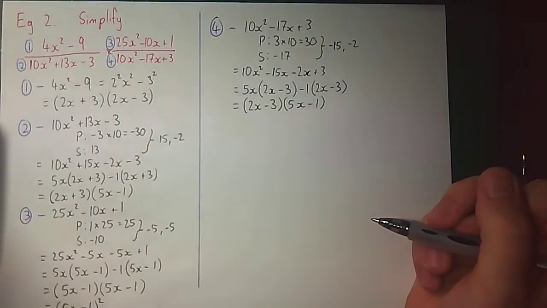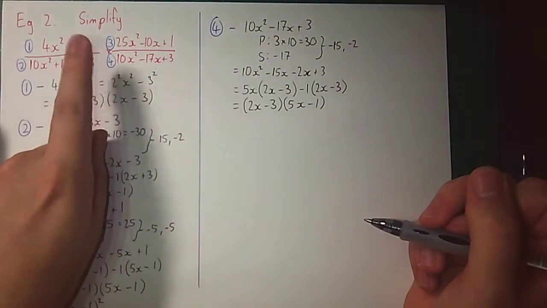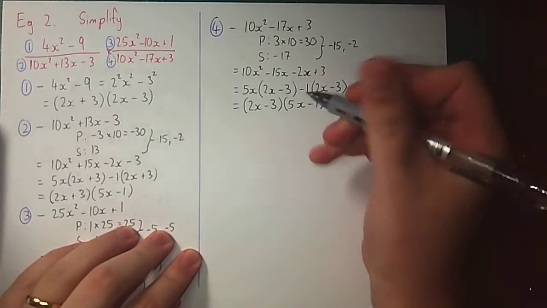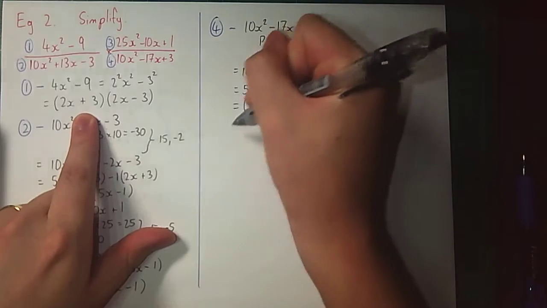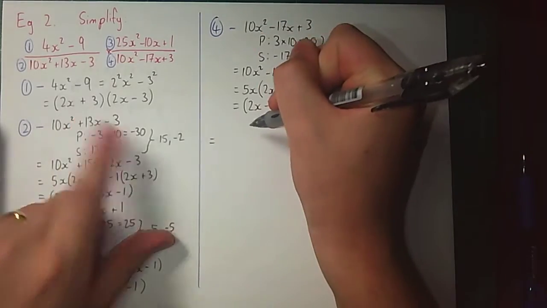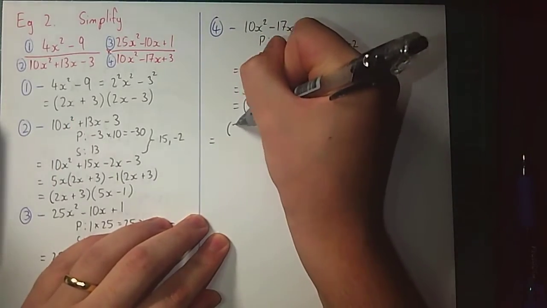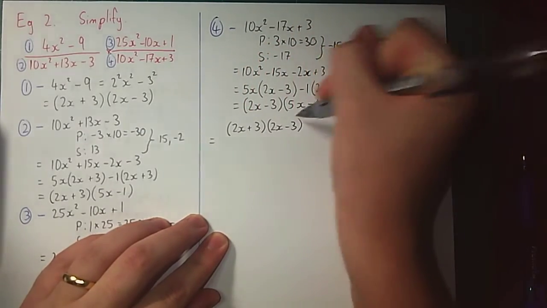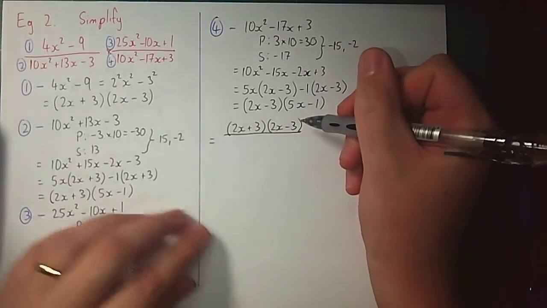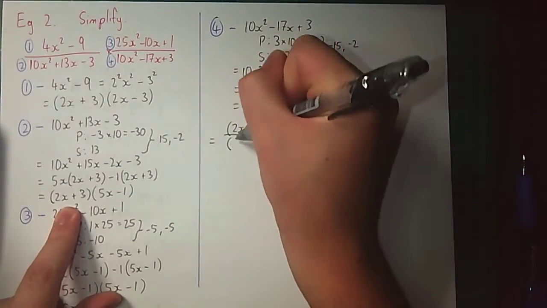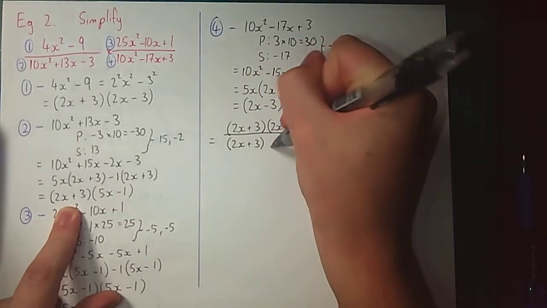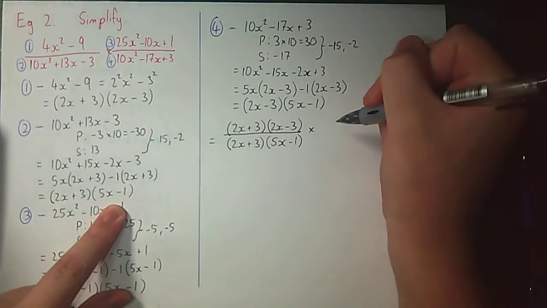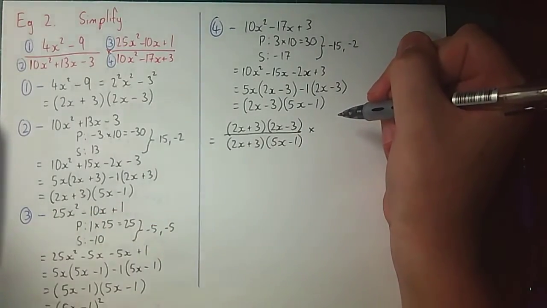So now we have our 4 options. We're going to put it all back into this situation, but they're going to be factorized, and hopefully we can cancel some things. So on the top, for 1, we're going to have 2x plus 3, 2x minus 3, and that's going to be on top of 2, which is 2x plus 3, 5x minus 1, and that's multiplied by, on the top we have 3.